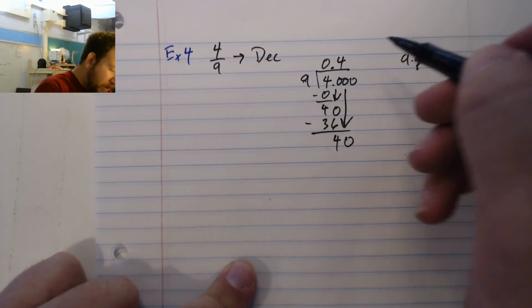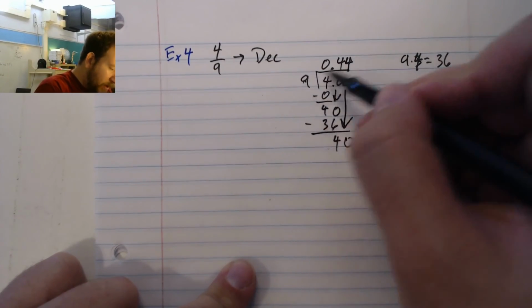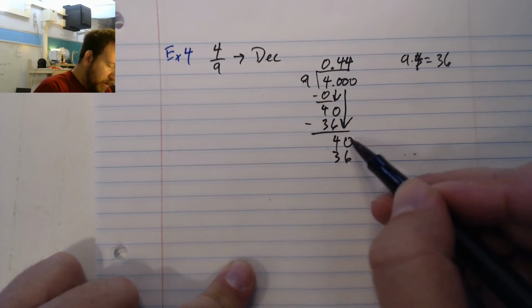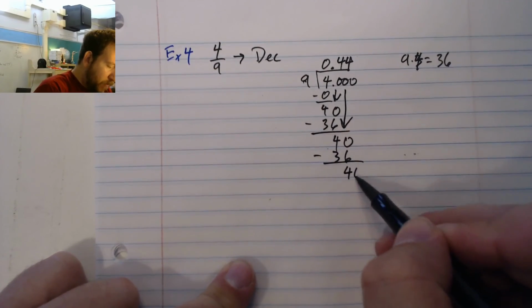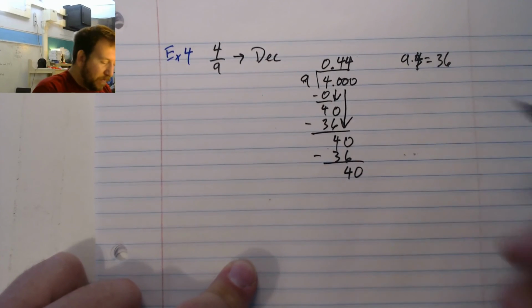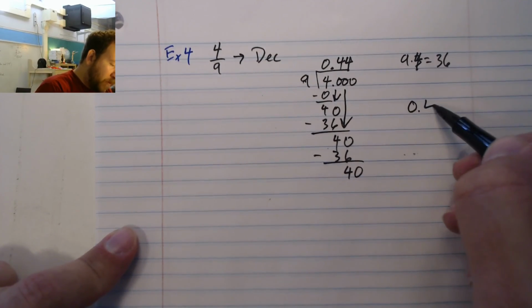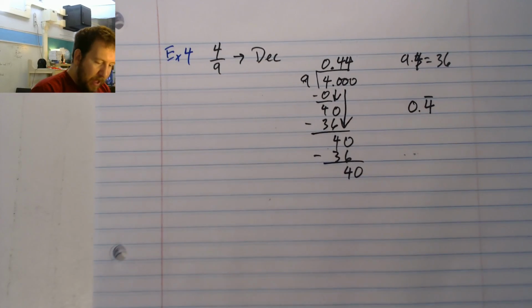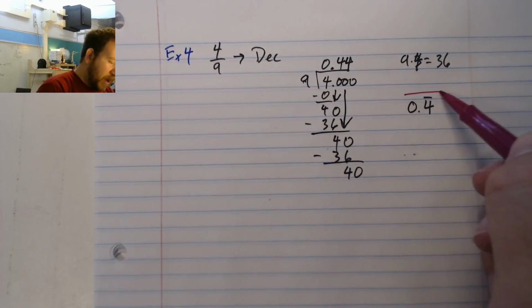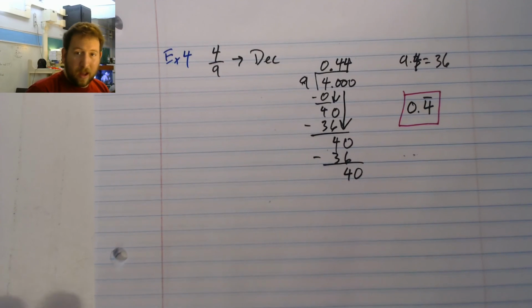Well, we just did that. 4. 9 times 4 is 36. Subtract 4. Yeah, we definitely have a repeating fraction. So here we're going to have 0.4 repeating as our answer. And we can just box that with a little blue. Kind of makes sense? All right, good luck.